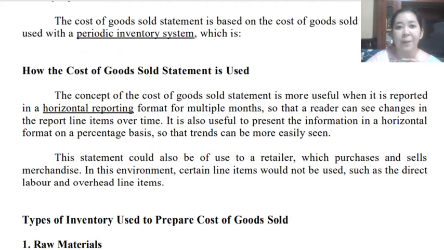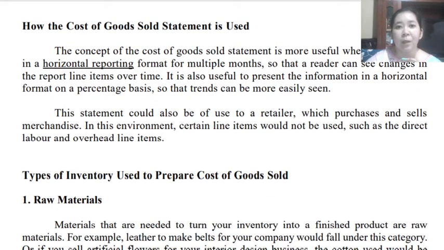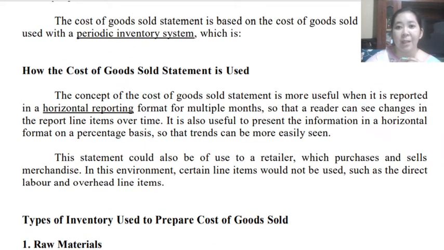Here, the concept of the cost of goods sold statement is more useful when it is reported in a horizontal reporting. When we say horizontal reporting, this is of course to see the trend side by side for multiple months.